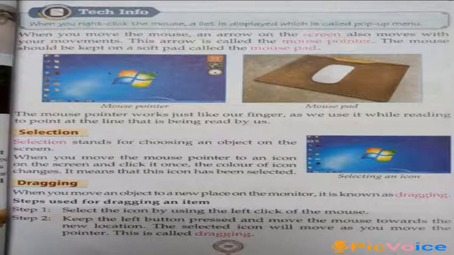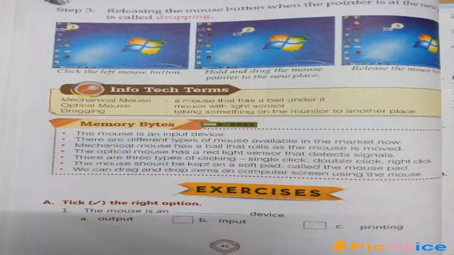The selected icon will move as you move the pointer. This is called dragging. Page number 40. Step 3. Releasing the mouse button when the pointer is at the new place is called dropping.